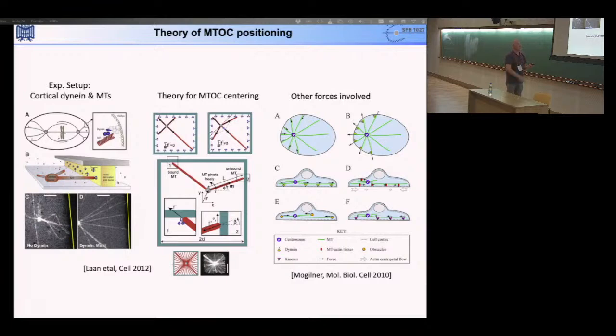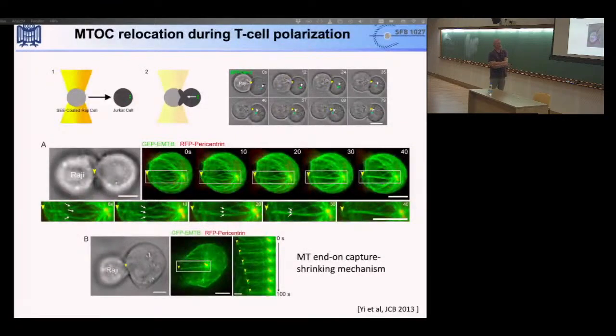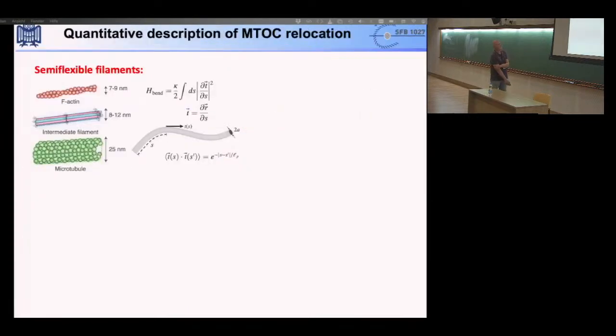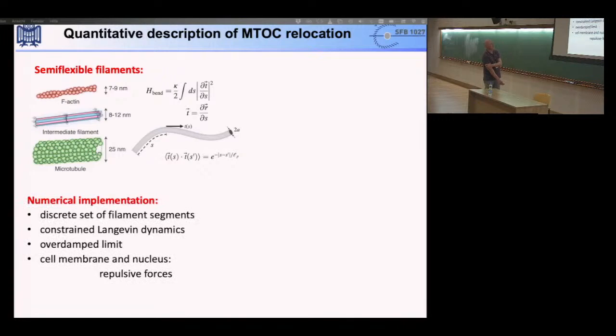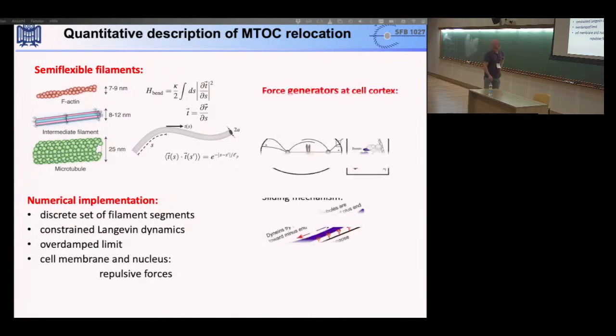And then, of course, there are other mechanisms involved, but they do not play a major role here. The major player in the centrosome repositioning here is definitely dynein pulling on the microtubules, either in the capture shrinkage mechanism or in cortical sliding. I skip the quantitative description of semi-flexible filaments.